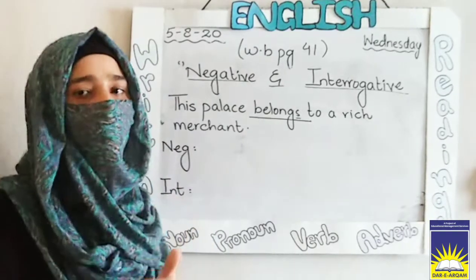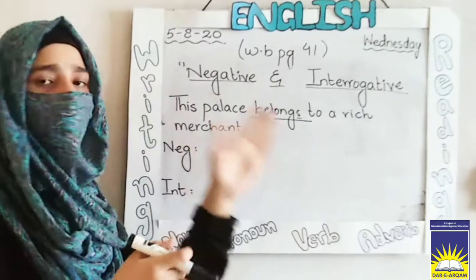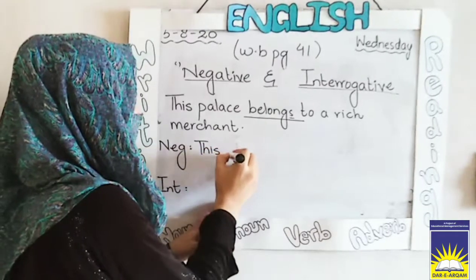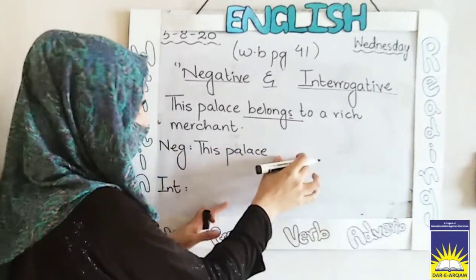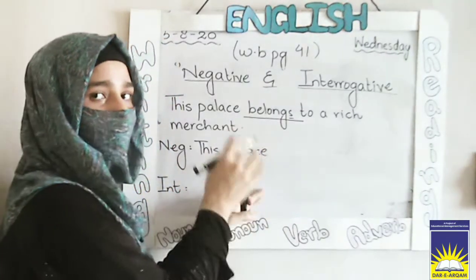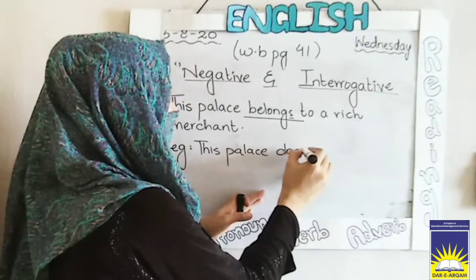Let's see how I will convert this sentence into a negative. I will write the subject "this palace", then the helping verb, as we read in the sentence structure that after the subject we use the helping verb. So the helping verb will be "does".